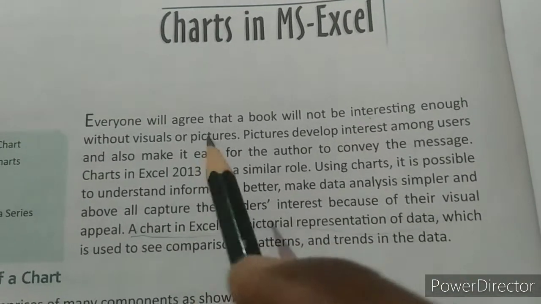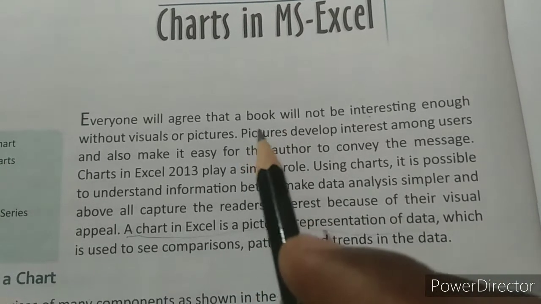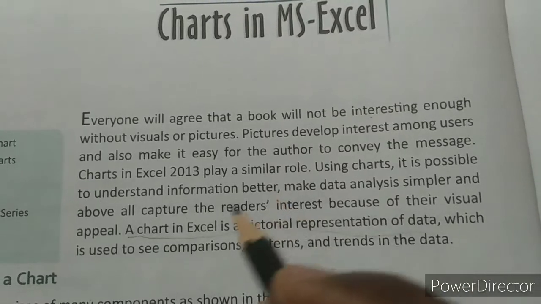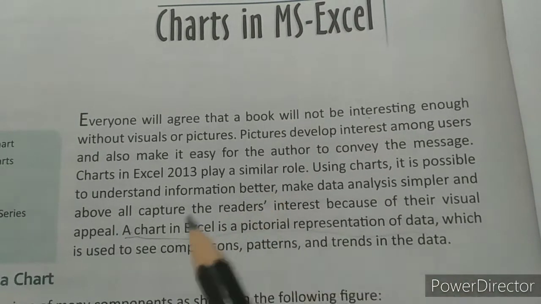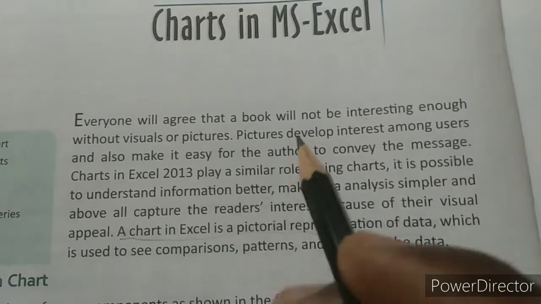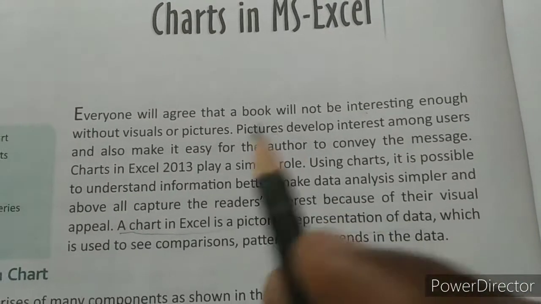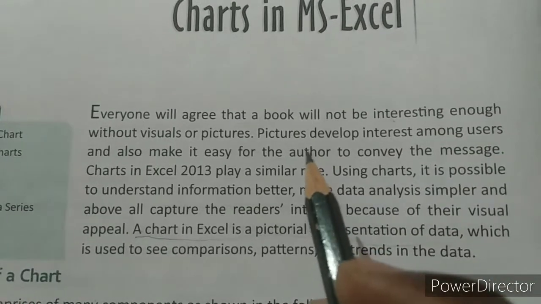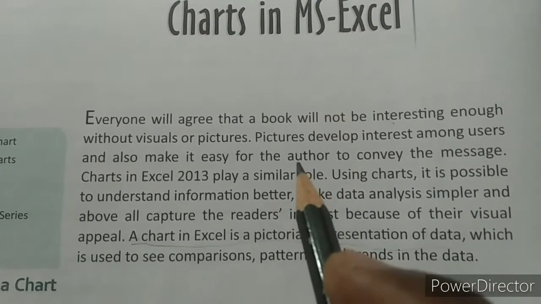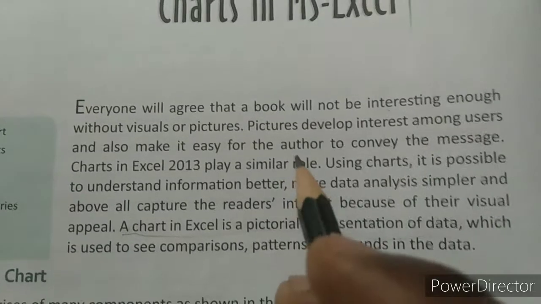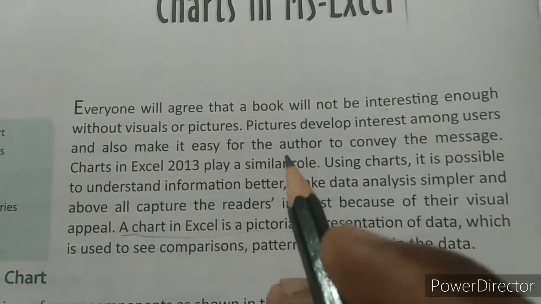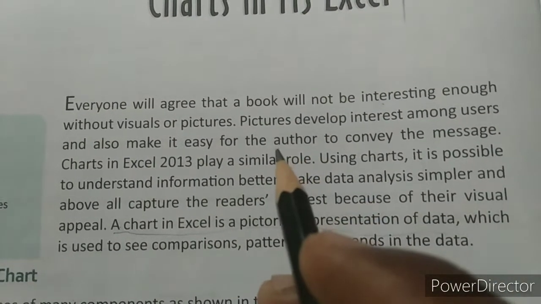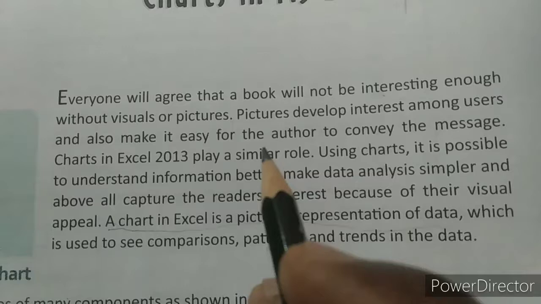Simply we can say our interest is more in images than in textual matter. So images attract more than text. That is why if a book has more images, then a person takes much interest in reading it or understanding the concepts.